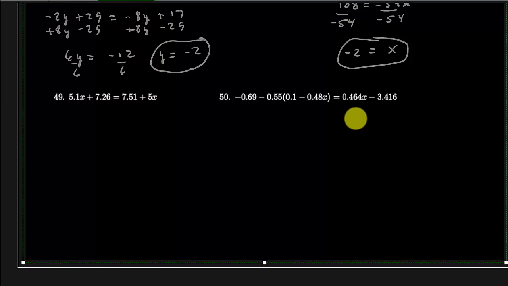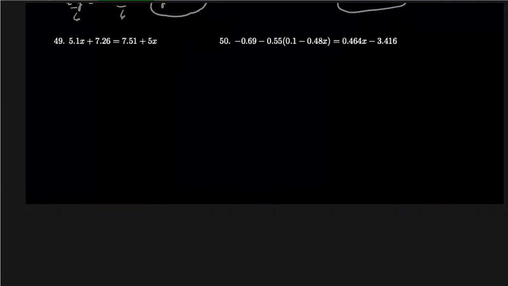All right, so let's look at this when we've got decimals. Whenever you're solving an equation with decimals in it, get rid of the decimals. If you multiply a number by 10, that moves the decimal one place to the right.